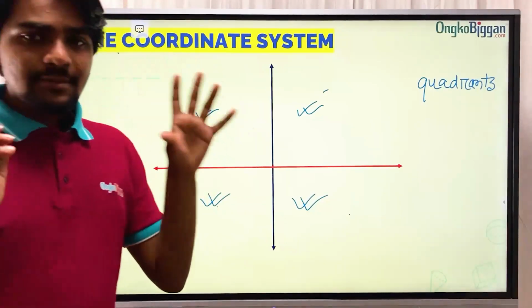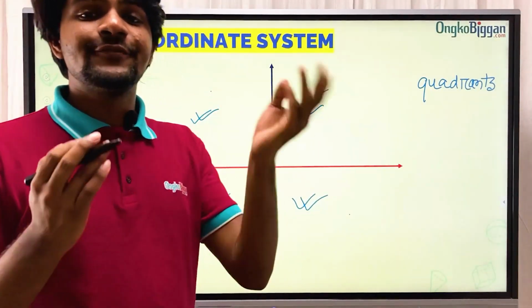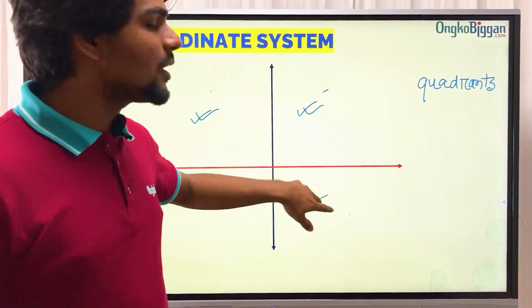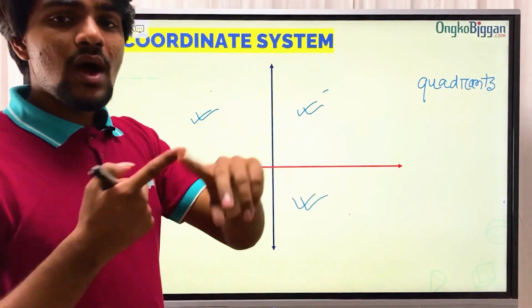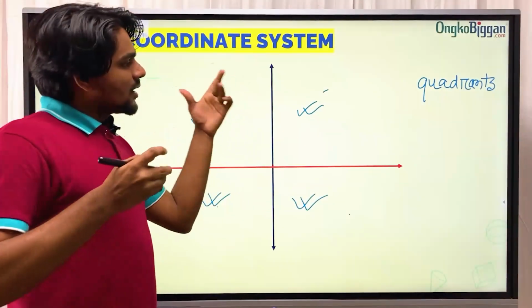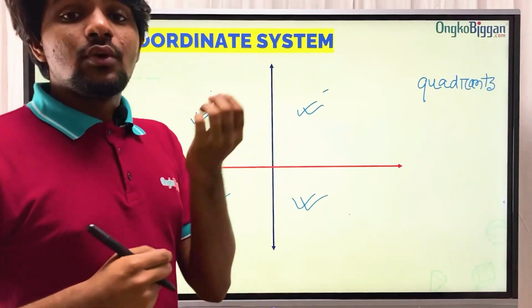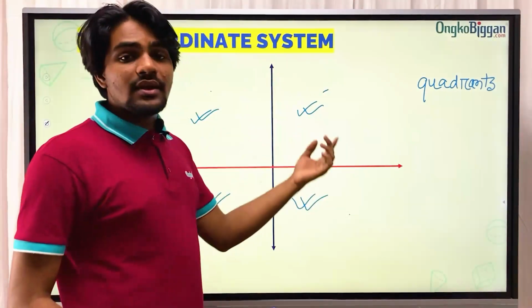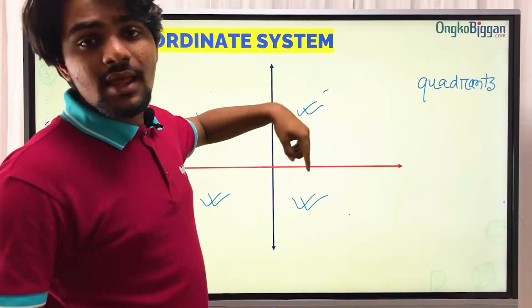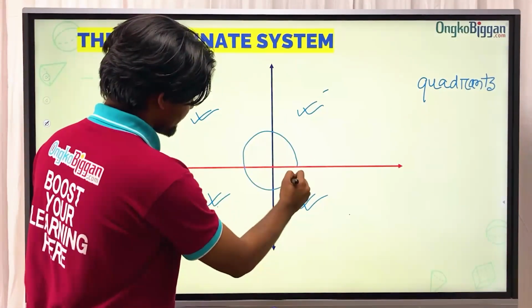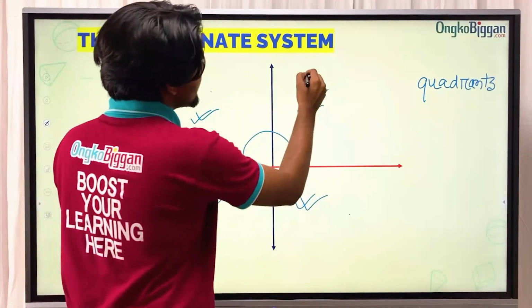When naming them, we use first, second, third, fourth. So the four quadrants are named first, second, third, fourth. The question that might come to you is, in which direction are we going to name them? Basically, we name them in the anti-clockwise direction, that is in this direction. So this one will be the first quadrant.